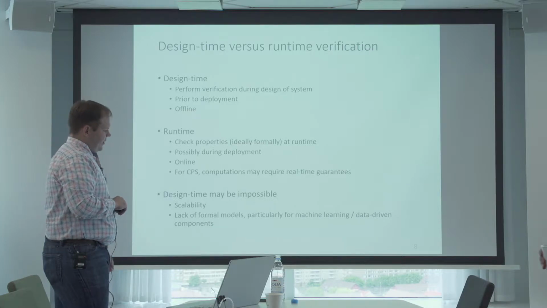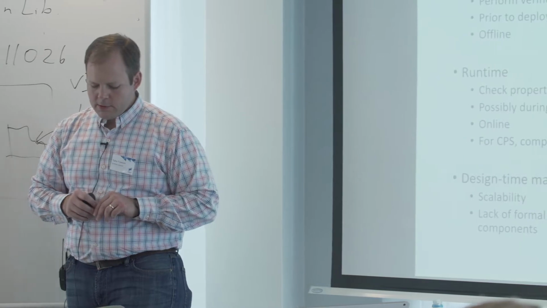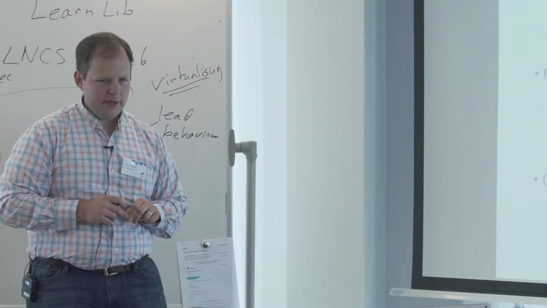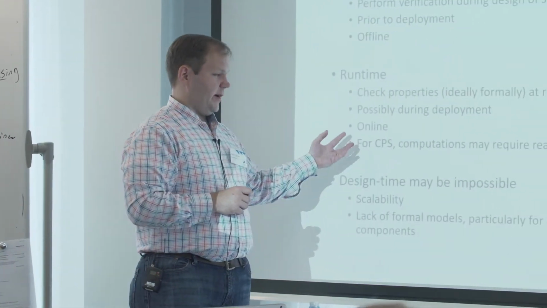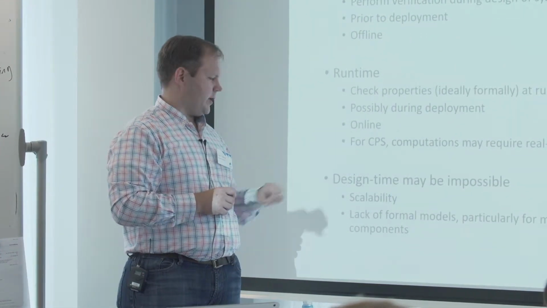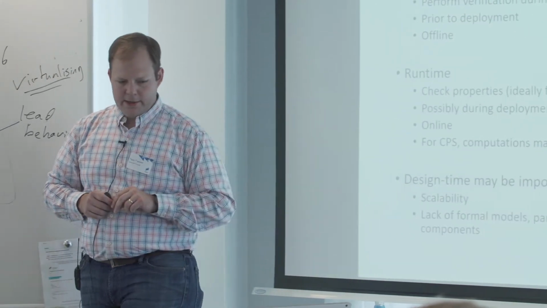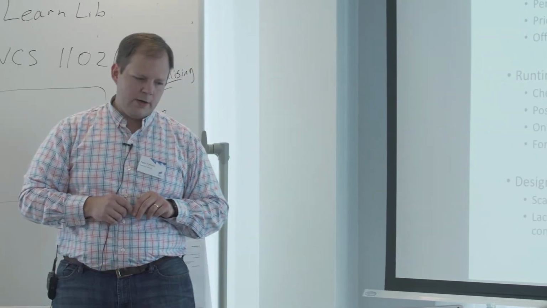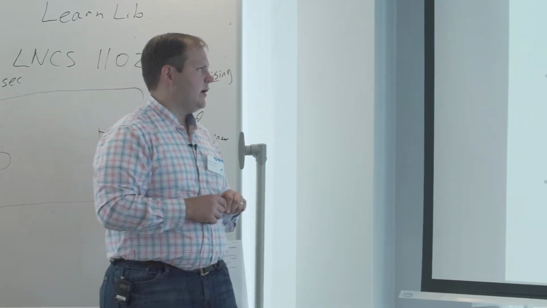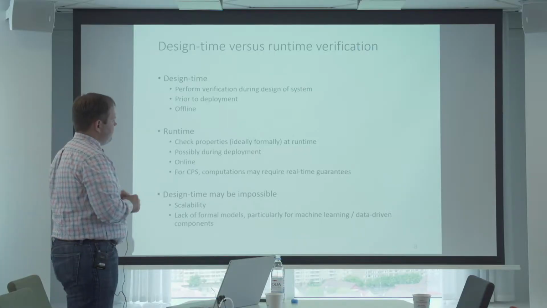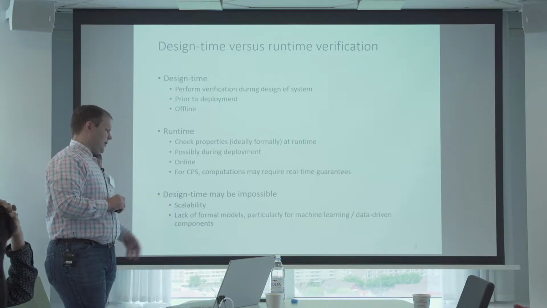And in the context of CPS, if we're going to possibly interfere with the control inputs provided to the plant, we may have real-time requirements on this, and that'll become clear shortly. The other thing to keep in mind in the context of autonomous CPS, and even non-autonomous as systems get bigger, is that design time may simply be impossible for a variety of reasons: scalability of model checking algorithms and reachability analysis, or we simply may not have models.